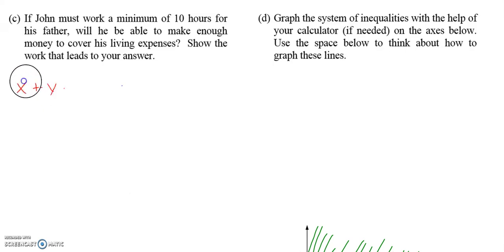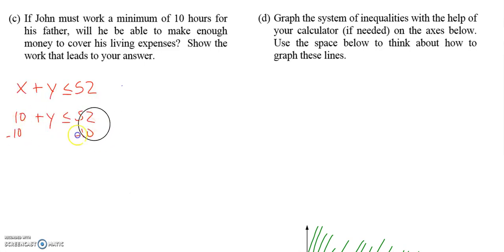So first of all, remember his hours, if we added them up, had to be less than 52 hours. And we have to do at least 10 hours for the mowing. So I put 10 in here and just figured out, okay, if he's doing 10 mowing, he must do 42 at the bakery. So now we could take these numbers and plug them into our other equation, which is over here.